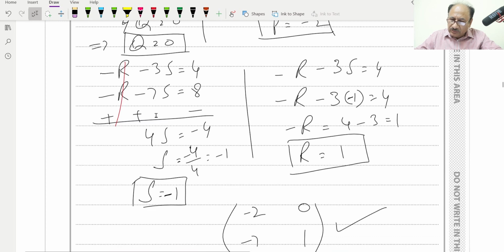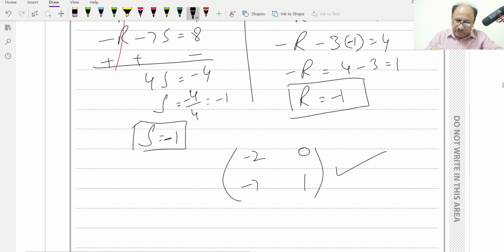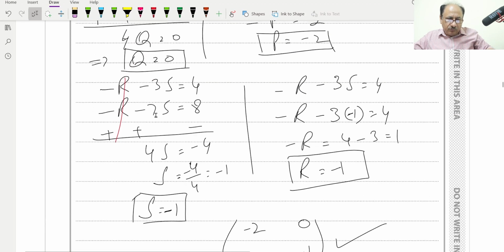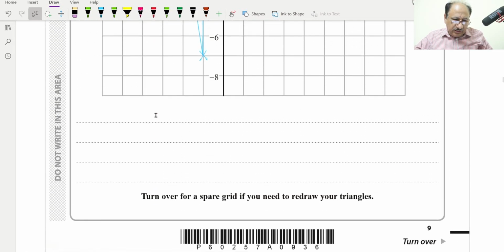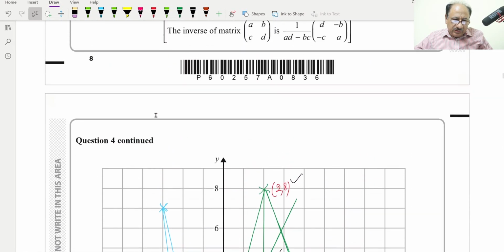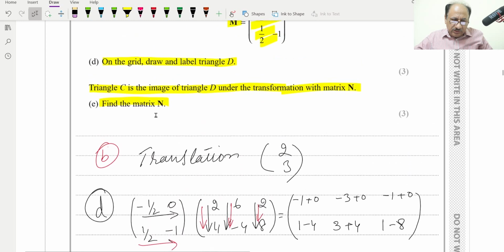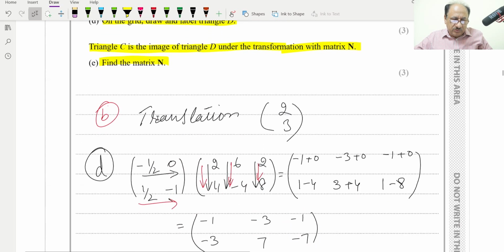Still we are doing some mistakes, so yes, R value will be equal to minus 1 because minus R is equal to 1, so R value will equal to minus 1. Now our values will be minus 2, 0, minus 1 and minus 1, and this is our final matrix which we were supposed to find in E part, and this was E part, which is a 3-mark question which we are done.